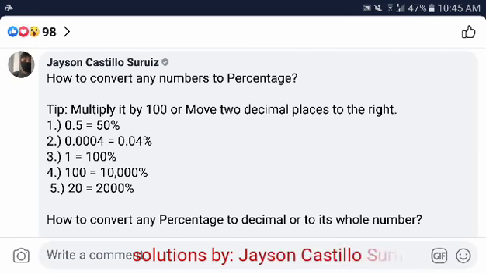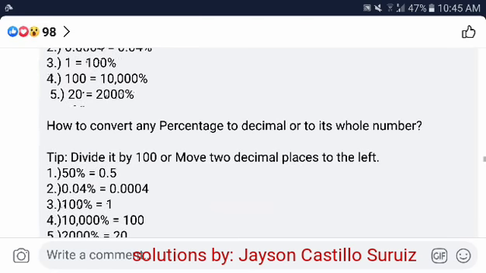Para mas klaro lang, basahin natin yung comment ni Sir Jason kung paano niya sinagutan ng tama. How to convert any numbers to percentage. Tip, multiply it by 100 or move 2 decimal places to the right. Tapos, lagyan mo ng percent sign. So, tama yan.